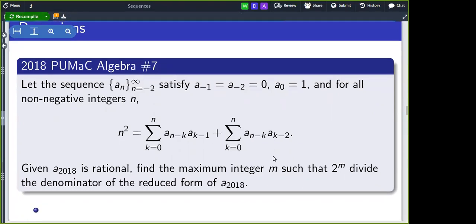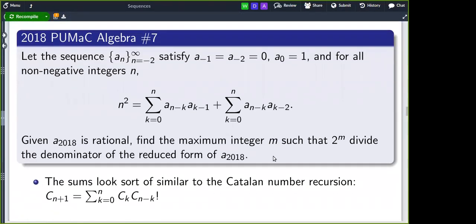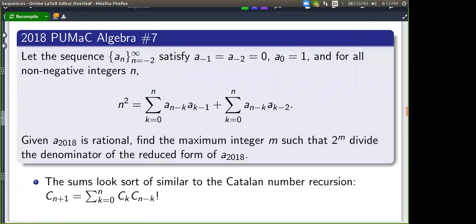That's Cn plus 1 is the sum of Ck times Cn minus k. And that looks pretty similar to both of these sums in the question. So an idea would be to try to use a generating function like we did in the previous class.